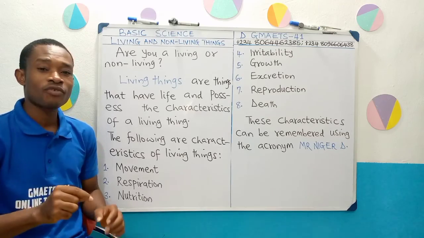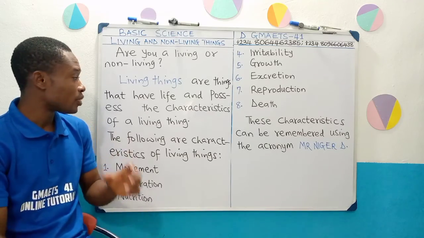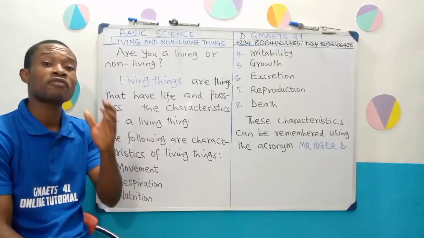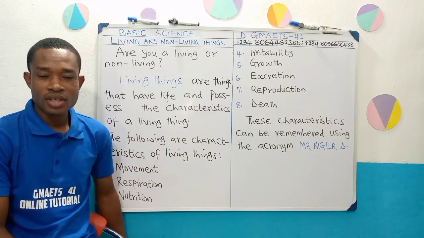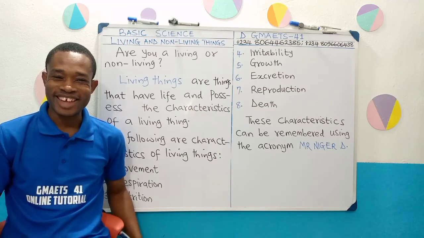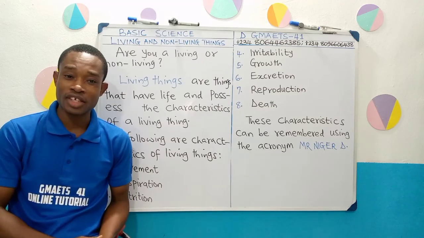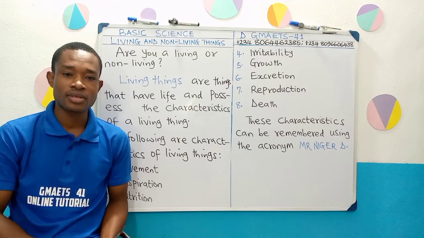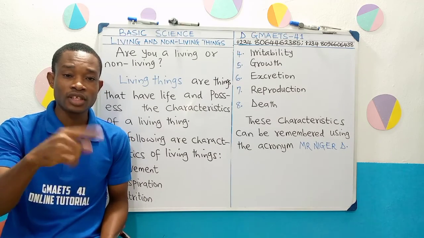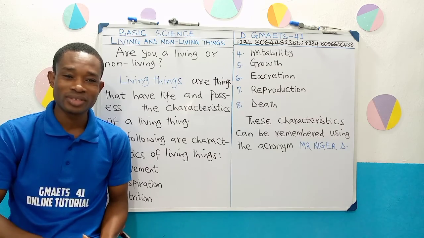Living things, they have what? Life. And they possess the characteristics of living things. These are my reasons for saying that I'm a living thing, and you now know the reasons why you are also a living thing. Because you have life. And there are things that living things do, which you also do.